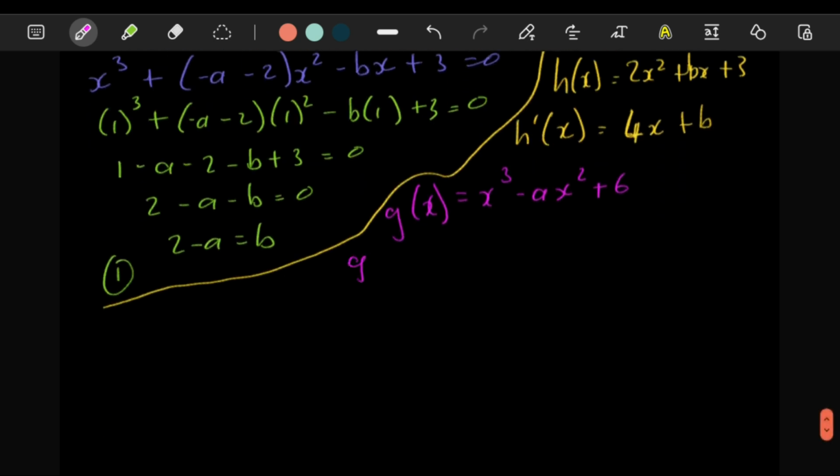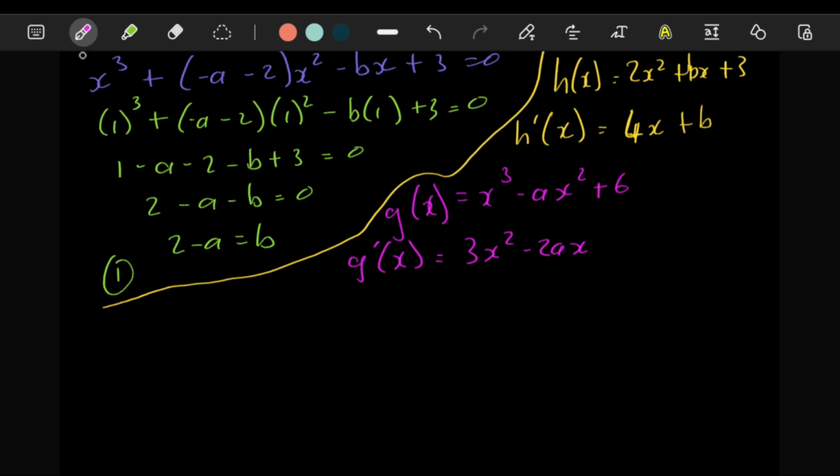The first derivative is 3x squared minus 2ax. That's the first derivative. This times this is that, 2 minus 1 is that, and 3 times 1, I think everything looks fine here.